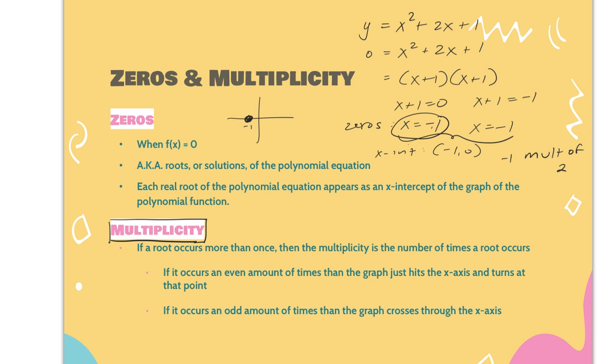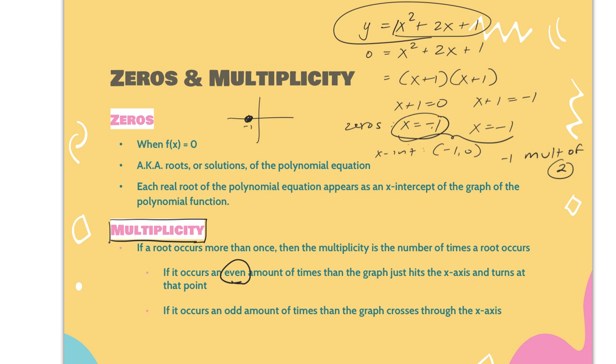What happens is that when you graph, if you have a multiplicity that occurs an even number of times, like this one, it shows up 2 times, that's even. When I graph this quadratic, I see that both ends go in the same direction, my end behavior, and they both go up.